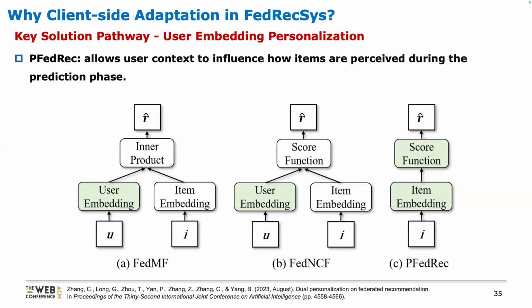On top of that, we found that personalizing items, not just the users, can really improve the performance. Intuitively, different users or user communities might perceive or interact with the same item in qualitatively different ways.